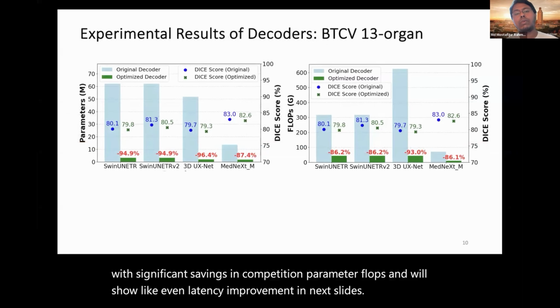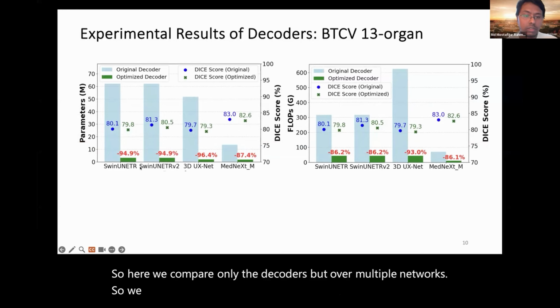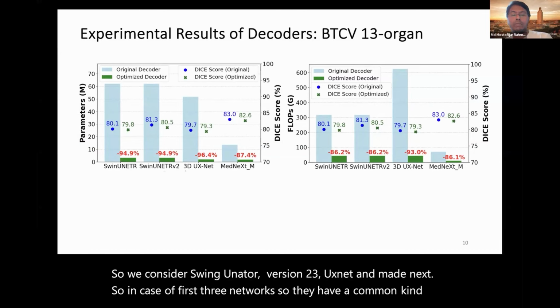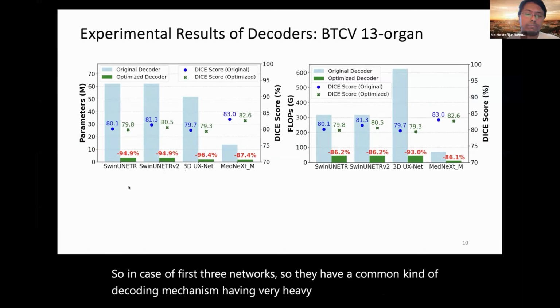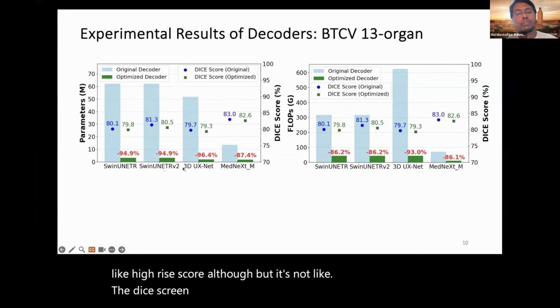So here we compare only the decoders, but over multiple networks. We consider SwinUNETR, SwinUNETR version 2, 3D VxNet and MedNeXt. The first three networks have a common decoding mechanism, having a very heavy decoder, and they come up with a high dice score, but the dice score improvement is not proportional to the increase in compute.